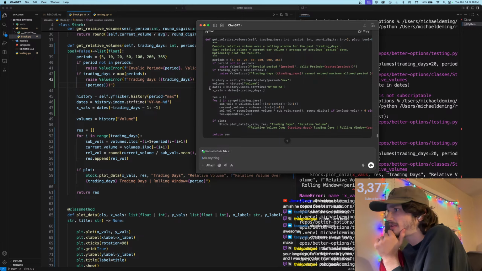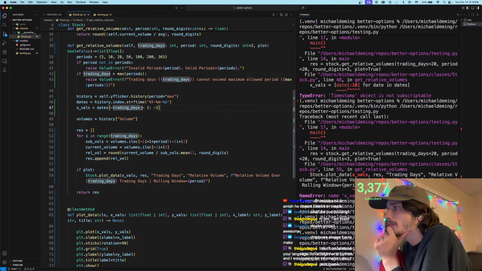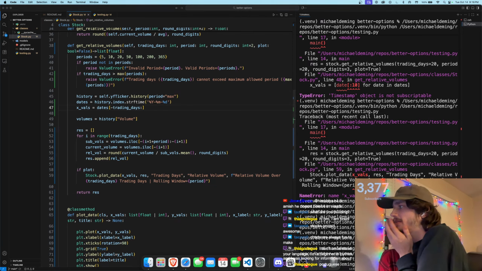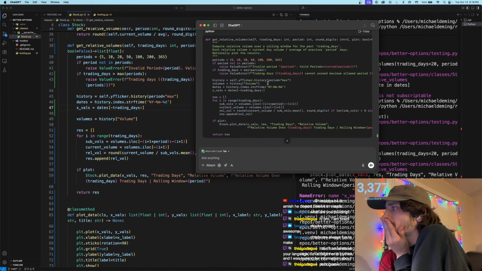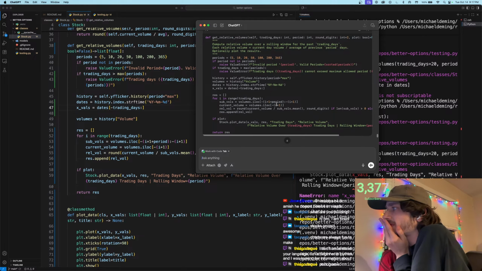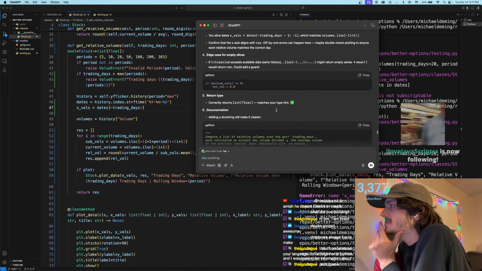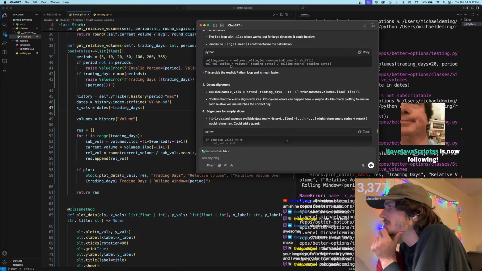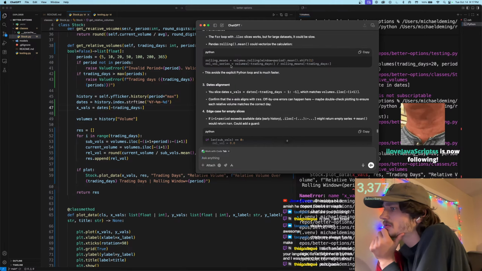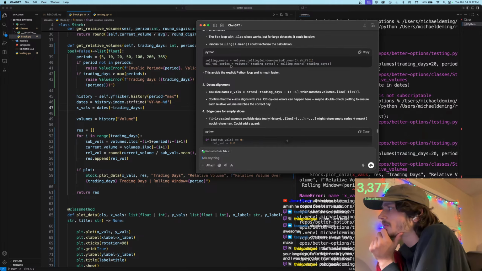X values is dates, up to negative trading days. So you have this. It's saying I could do this with rolling means, if I wanted to avoid all of this altogether.